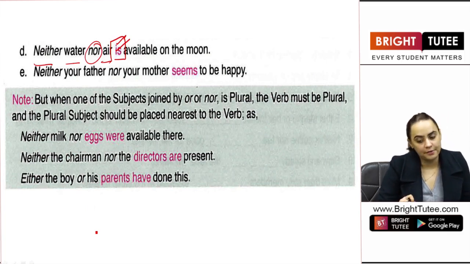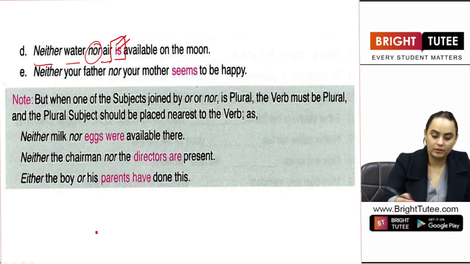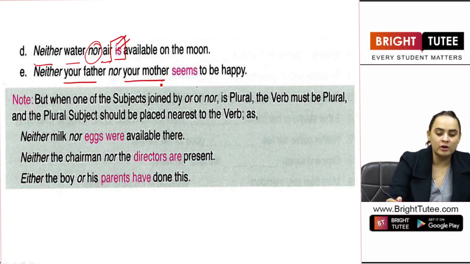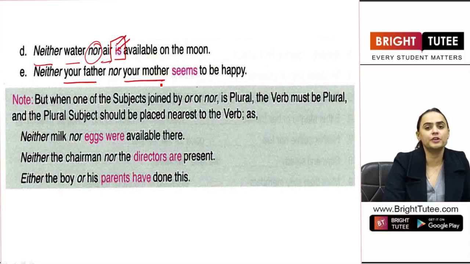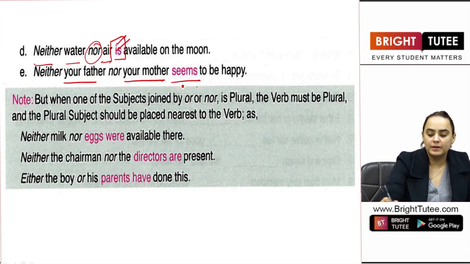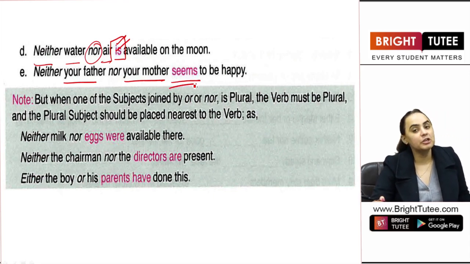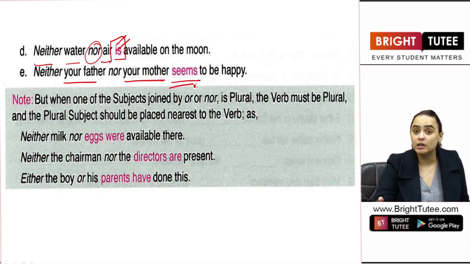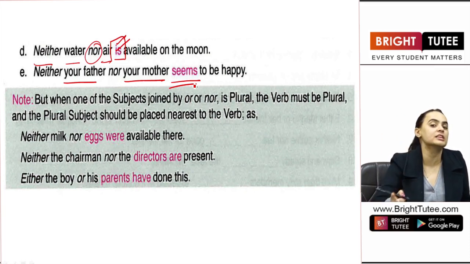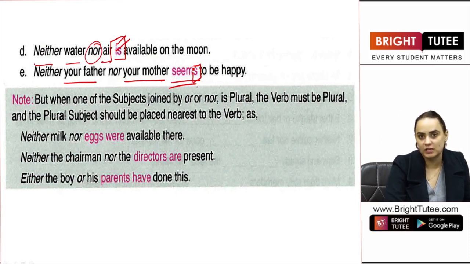Neither your father nor your mother seems to be happy. Your father, your mother, joined together using neither nor. My verb is seems, which is singular in nature, because we've learnt that it is only with the singular subjects that we add an s or es to the end of the verbs.